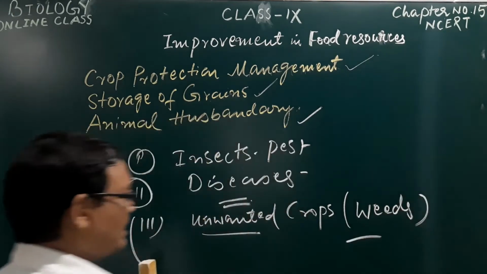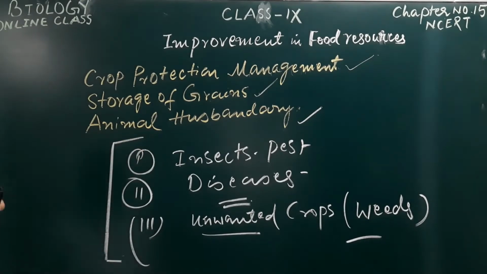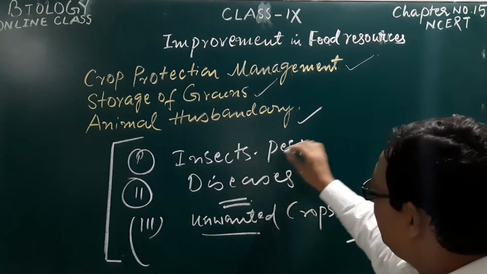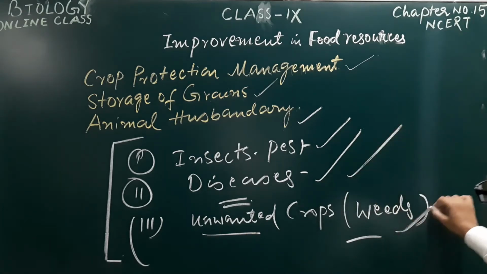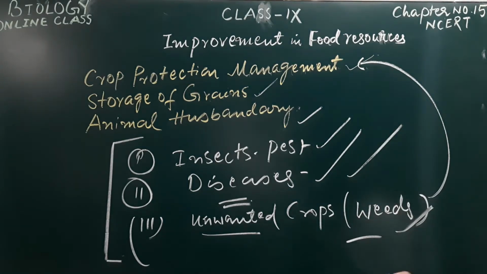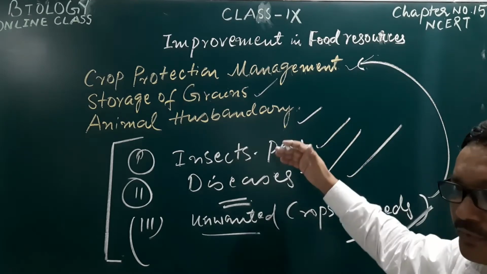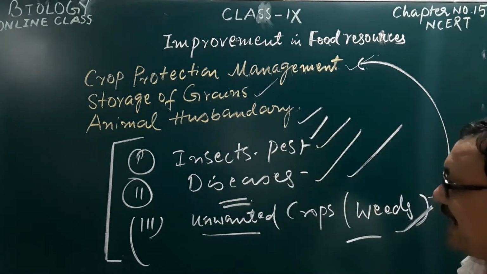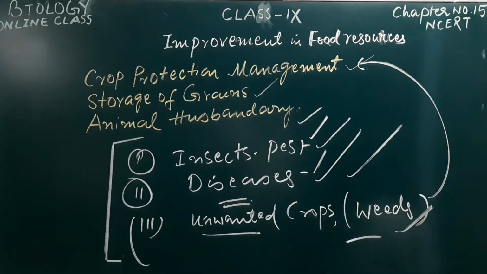So protection from insect pests, from diseases, and from unwanted crops like weeds is crop management. How the farmers and agriculturists protect their growing field from the attacks of insects, diseases and unwanted crops, the weeds, is known as crop protection management.